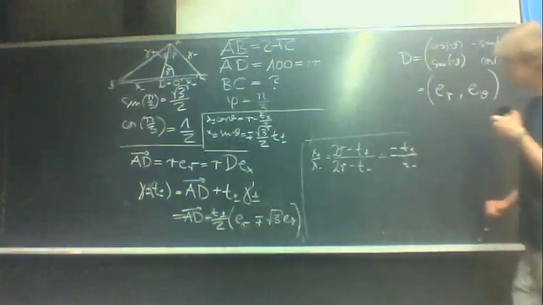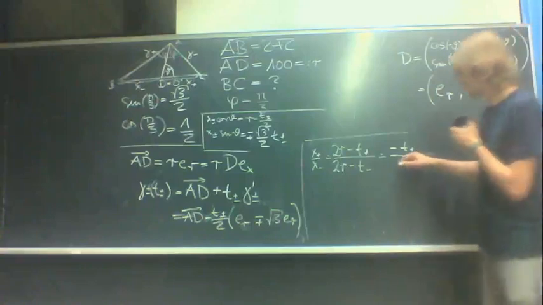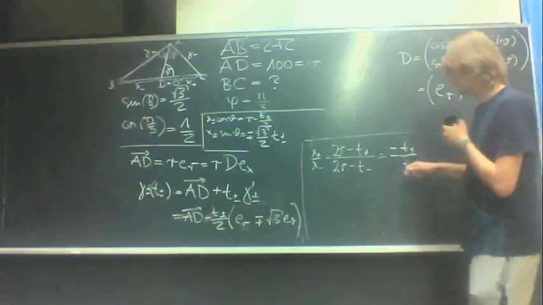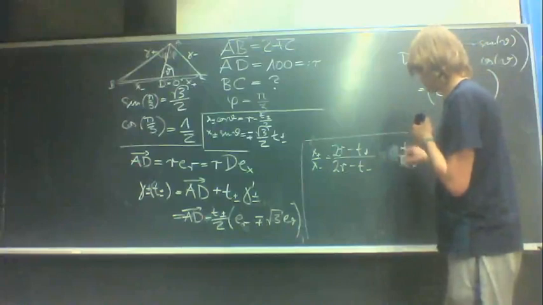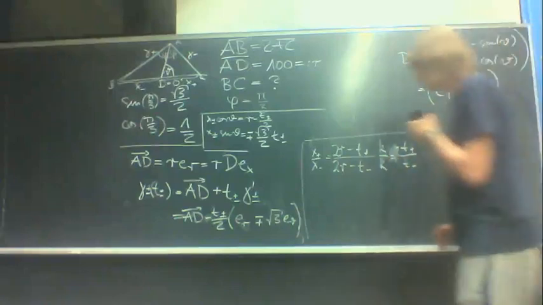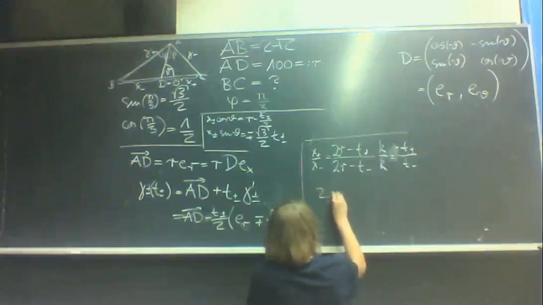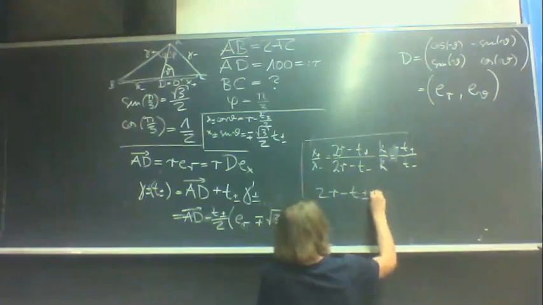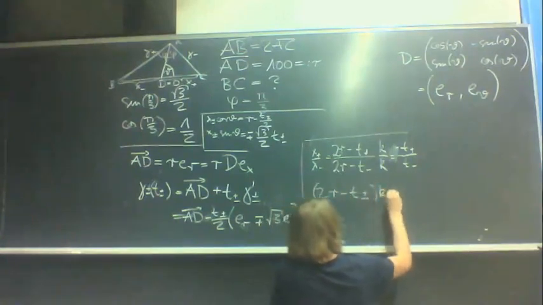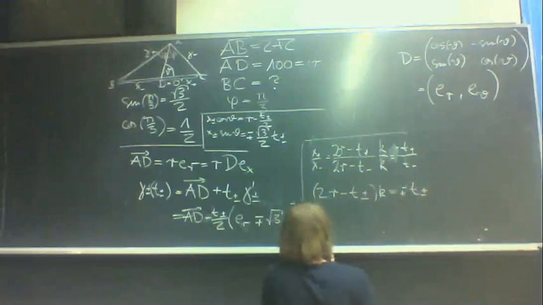Okay, now we know if we insert a k over k here, we know that 2r minus t plus minus times k is equal to minus plus t plus minus.